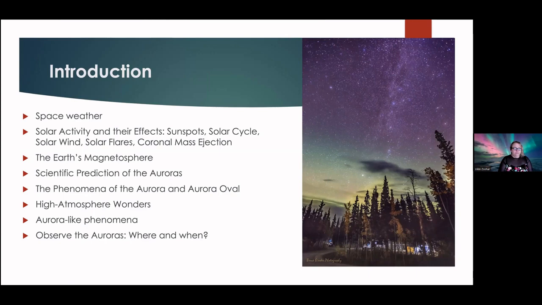Specifically, we'll mention the solar activities and their effects on us people, and on the planet Earth. We'll also mention the Earth's magnetosphere and what happens in the magnetosphere, why we can see auroras, and how we can predict the auroras. And we'll also show you lots of beautiful pictures and videos, and hope the technology will be with us about that.